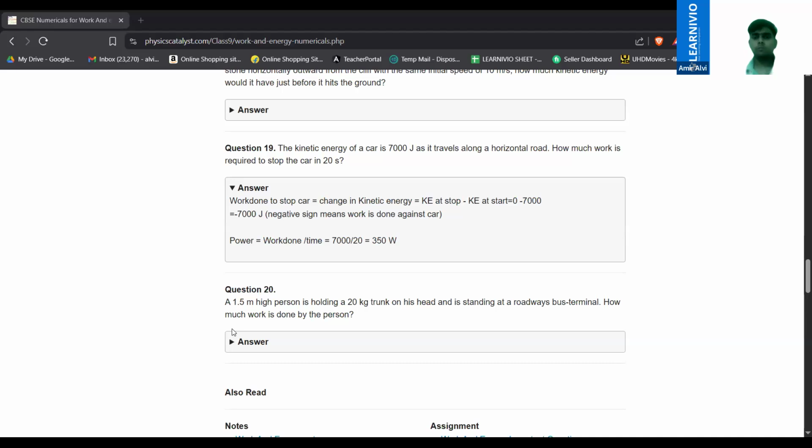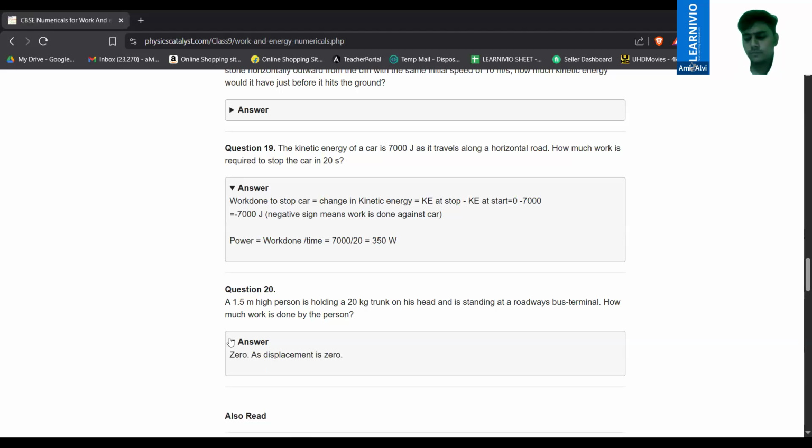Yes, correct. The reason is that he is just standing on the road at a 90-degree angle, so the work done is 0.